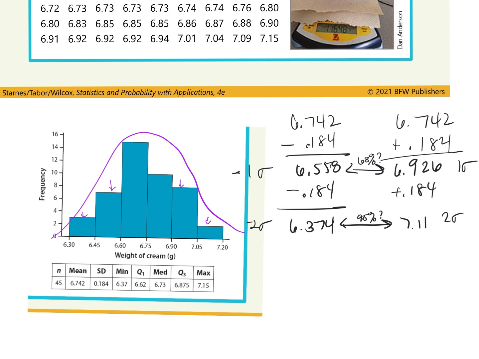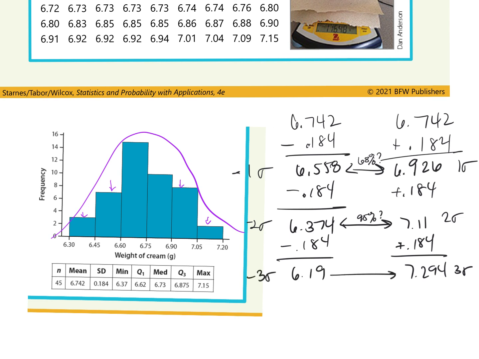And then we'll add it again: plus 0.184, 7.294, that's 3 sigmas above the mean. Minus 0.184, 6.374 minus 0.184 is 6.19, minus 3 sigmas. We want to know, is this about 99.7%?